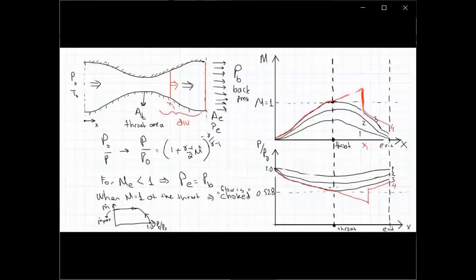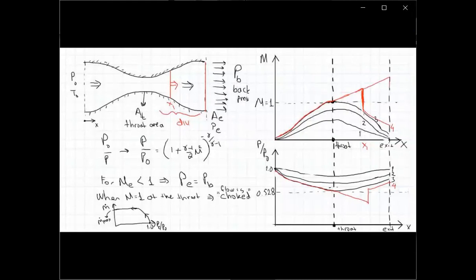Yeah. So this line will continue until the new shock location, which is all the way at the exit, but the shock now at scenario 5 is located right at the exit plane.